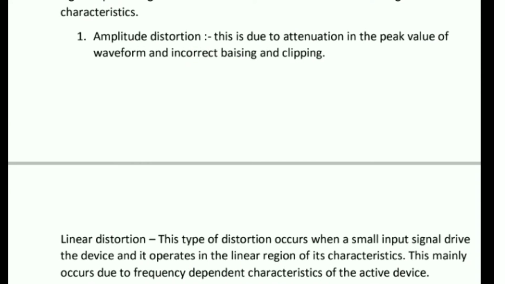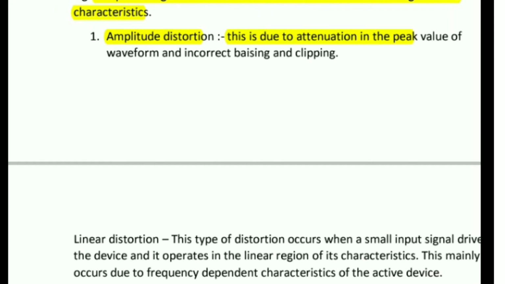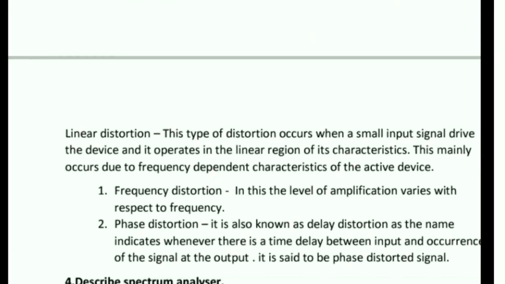Non-linear distortion occurs in an amplifier when the signal input is large and the active device is driven into the non-linear region of its characteristics. Amplitude distortion is a classification of non-linear distortion. This is due to attenuation in the peak value of the waveform, incorrect biasing, and clipping.